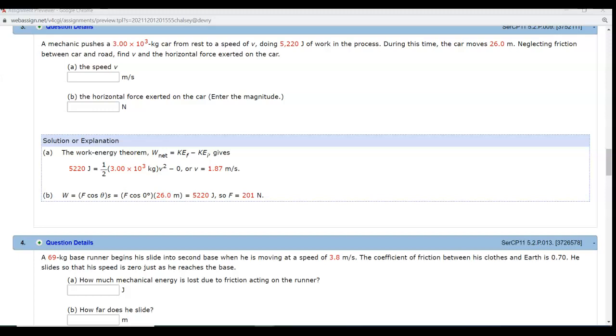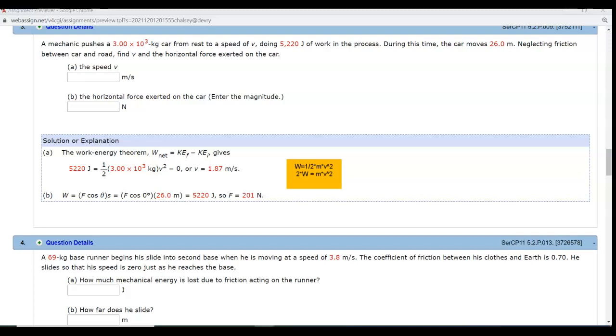Okay, so let's make sure we know how to derive this equation. Work equals 1/2 times m times v squared. To get the half off of the right side, we multiply through by 2. So 2 times w equals m times v squared.